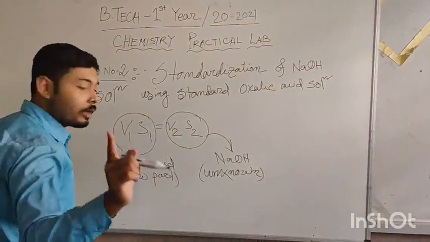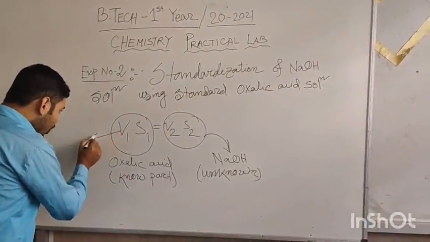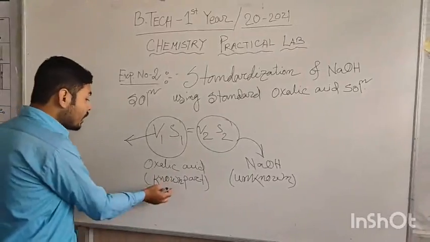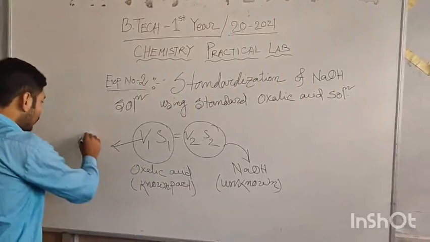If you see the experimental procedure, you will find that a specific volume of oxalic acid you have to take, which is written in your manual, that is 25 ml.